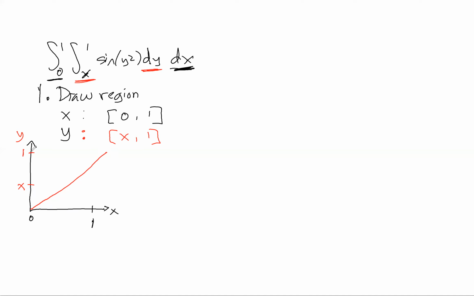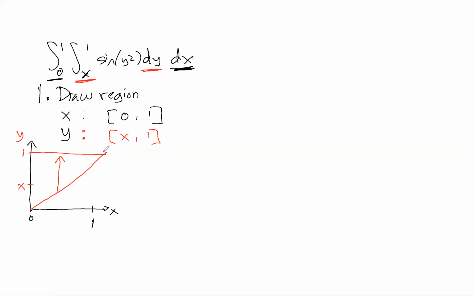And so y can be anything in between here and here. So your y constrains you to be this region.